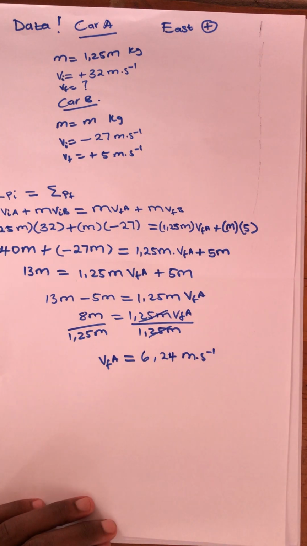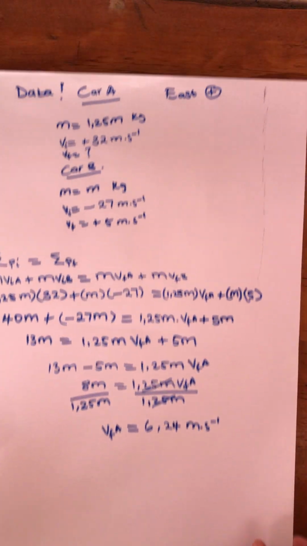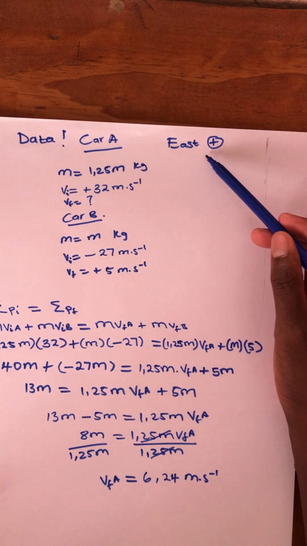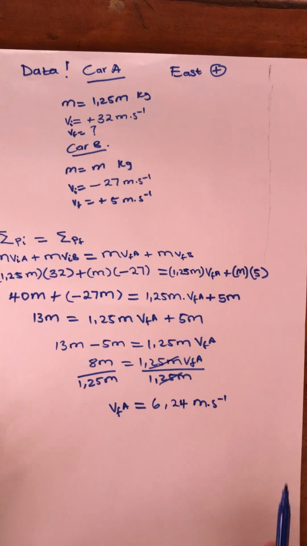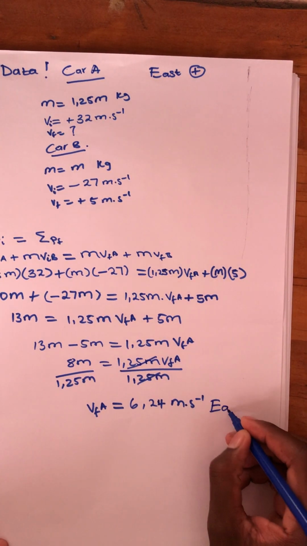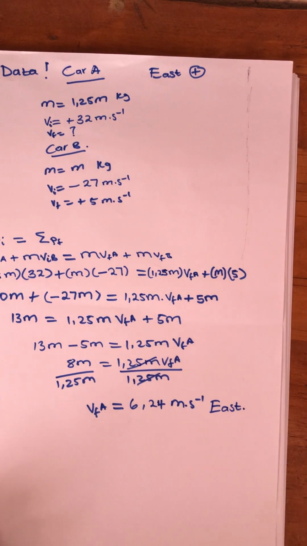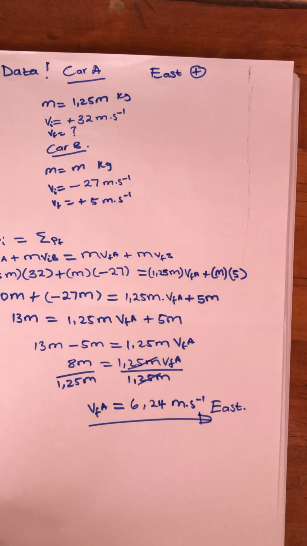Since the velocity is positive, and from the beginning we chose east as positive, that means car A is going east. So this is the final velocity of car A after the collision.